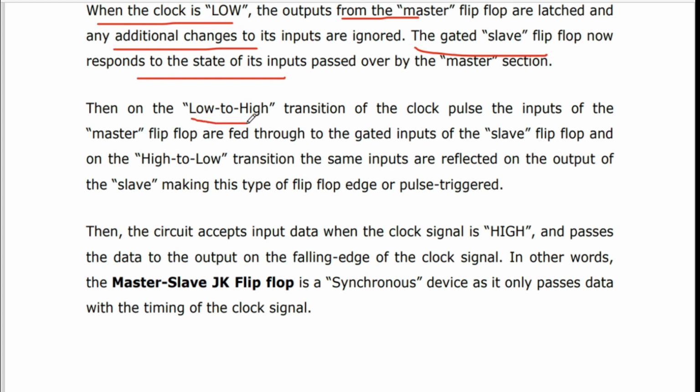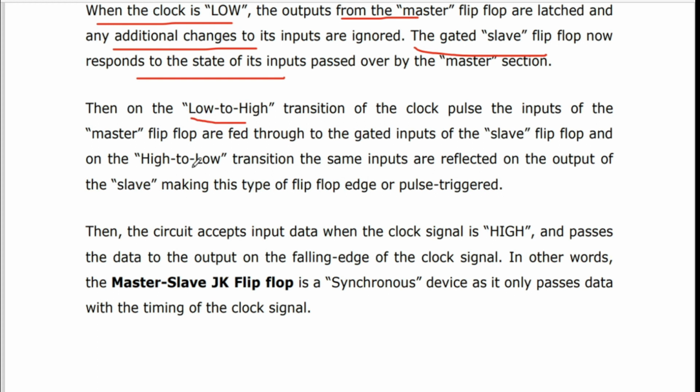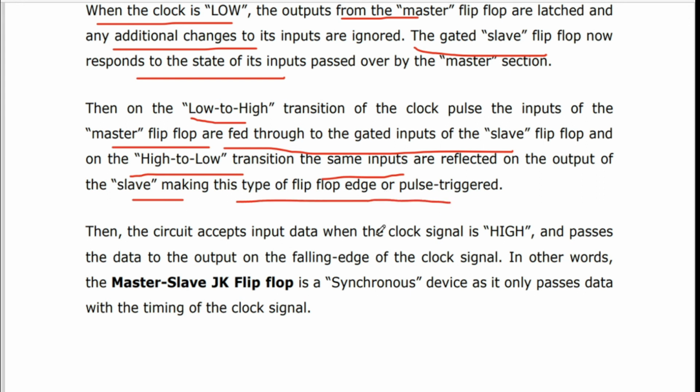Whenever we have a high to low transition of the clock pulse, the master flip-flop feeds the input to the slave, and the same inputs are reflected on the output of the slave, making this flip-flop an edge or pulse triggered flip-flop.